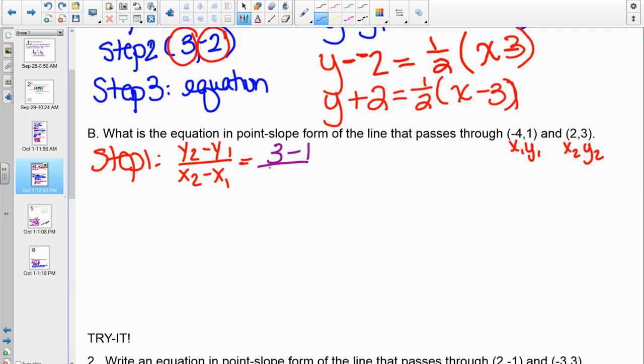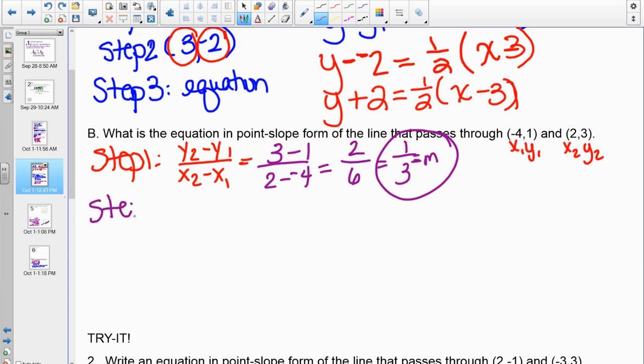X2 is 2, and I'm going to subtract x1, which is -4. So I have 3 minus 1, which is 2, and I have 2 minus a -4, which is 6. And 2/6 equals 1/3. So my slope, right here, so we don't forget, maybe circle it, is 1/3.